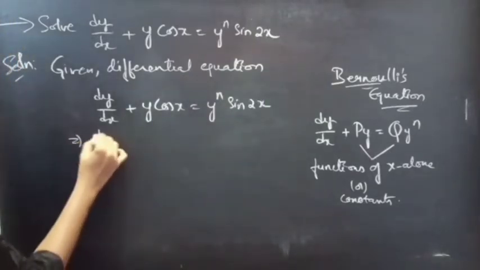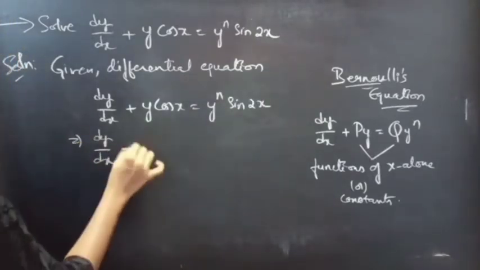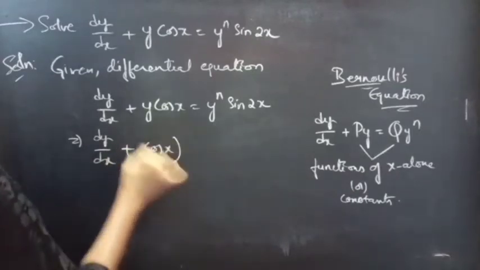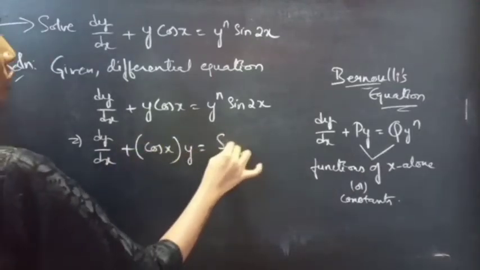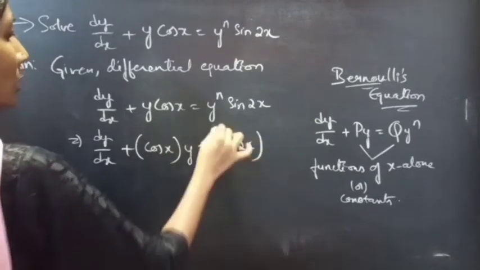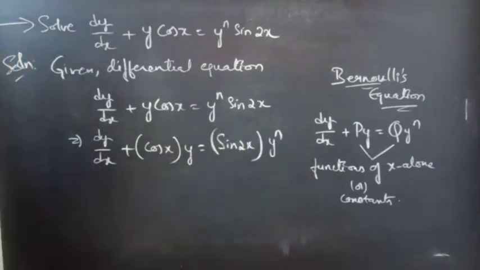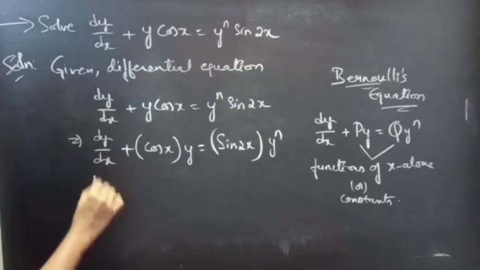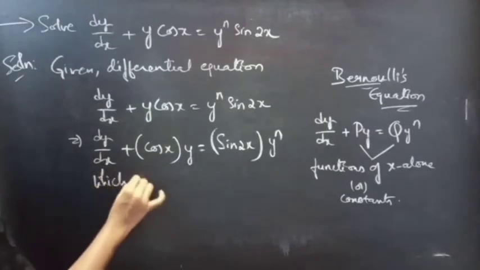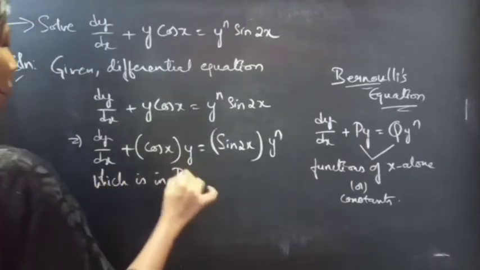You can also write this as dy by dx plus function of x into y equals function of x into y power n, which is a Bernoulli's equation, right? Or which is in Bernoulli's form.